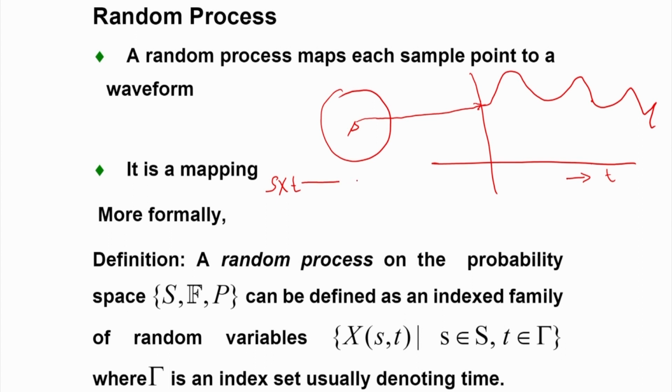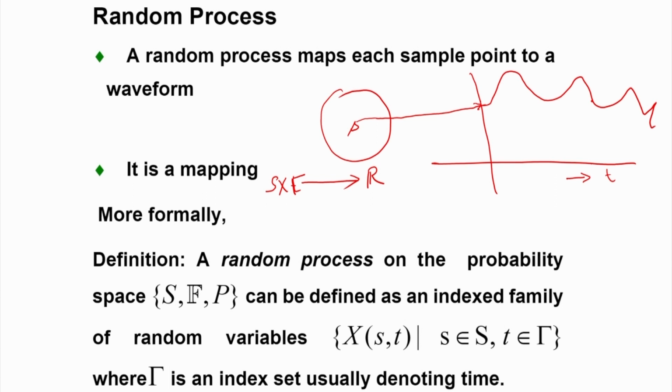So, it is a mapping from the Cartesian product of the sample space and tau, the index set, which is generally called tau, S cross tau to the real line. In the case of a random variable, it is a mapping from the sample space to the real line, but in the case of a random process, it is a mapping from S cross tau, where tau is some index set which is usually time.